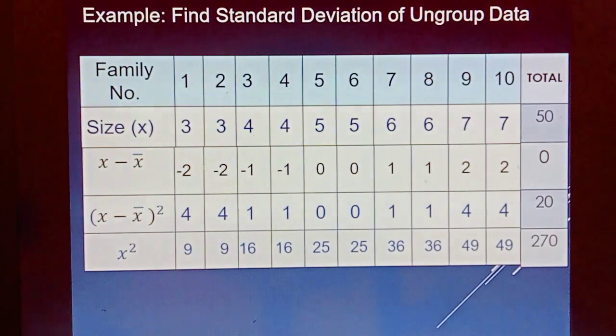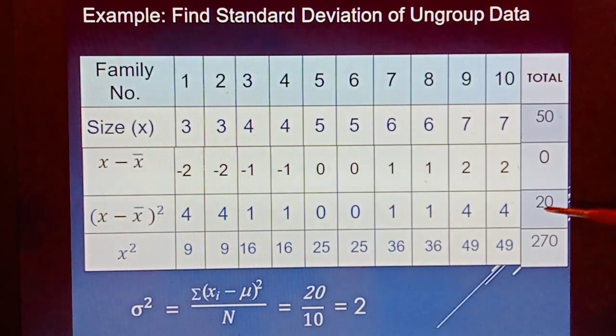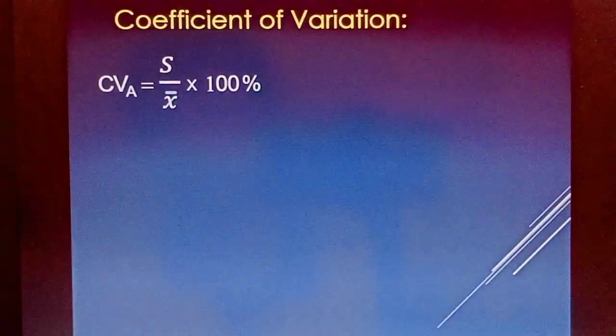Okay? So, this one is just for checking. So, computing for the variance, we have 20 divided by 10 equals 2. So, computing for the standard deviation, we have the square root of 2 equals 1.41.